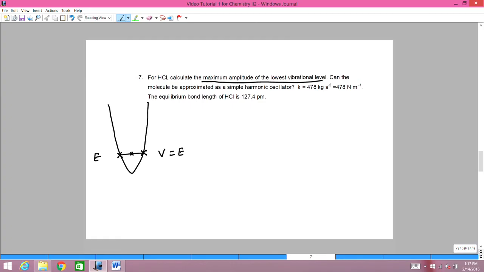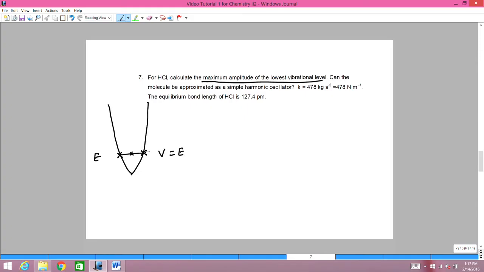Right in the middle, that is at the equilibrium position, the molecule has no potential energy because we assume that the potential energy is 0 at equilibrium distance. Therefore, the entire energy is kinetic energy, therefore the molecule has the maximum vibrational velocity.